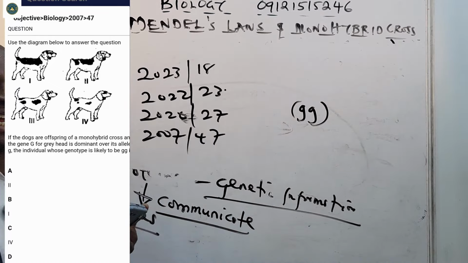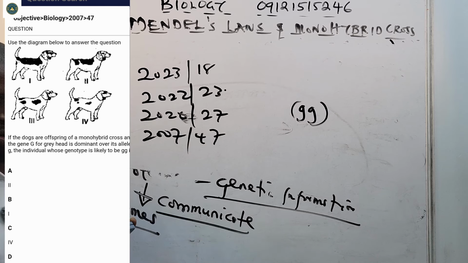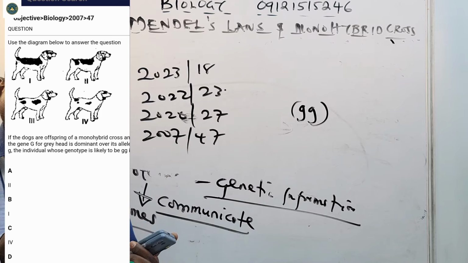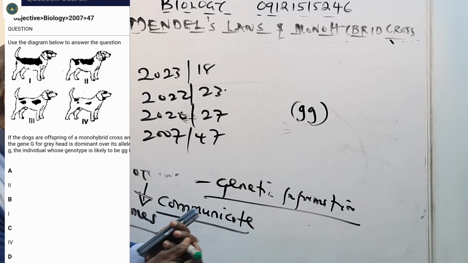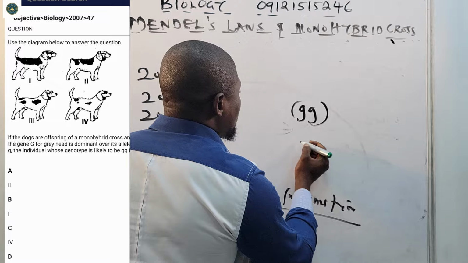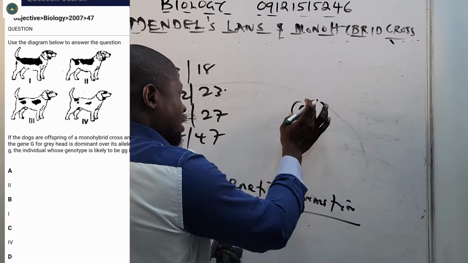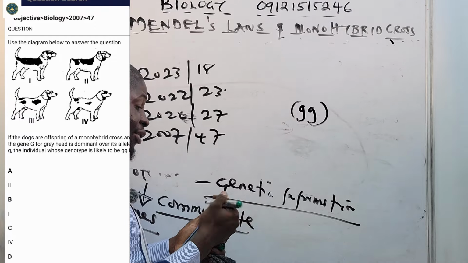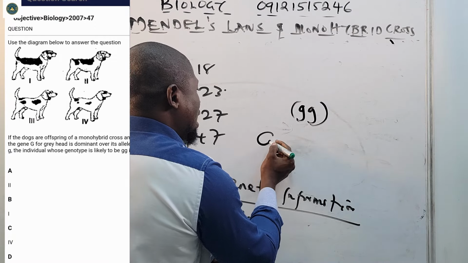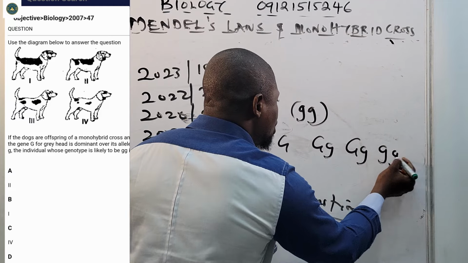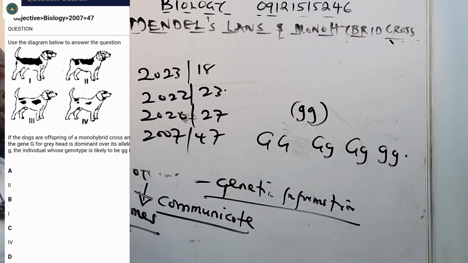If you look at the diagram, from the phenotype you can see already the ones that have gray head. From our first and second filial generations, we had a pure tall plant, for example. Here we are using the gray head for the dog and GG.